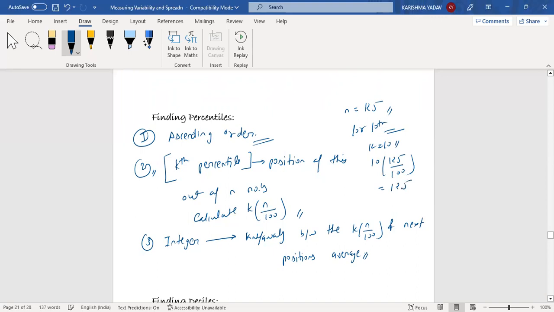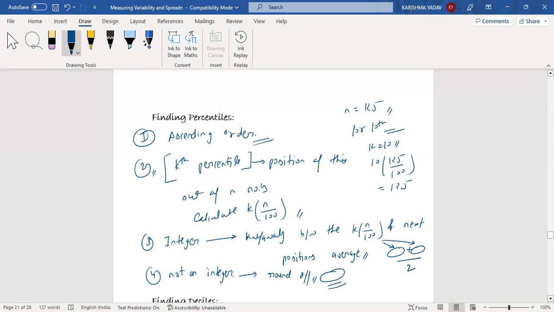If it is an integer, then we take the average of these two corresponding numbers, the number at that integer position and the next one. And if it is not an integer, in that case we round off the value, and that rounded position is the kth percentile.